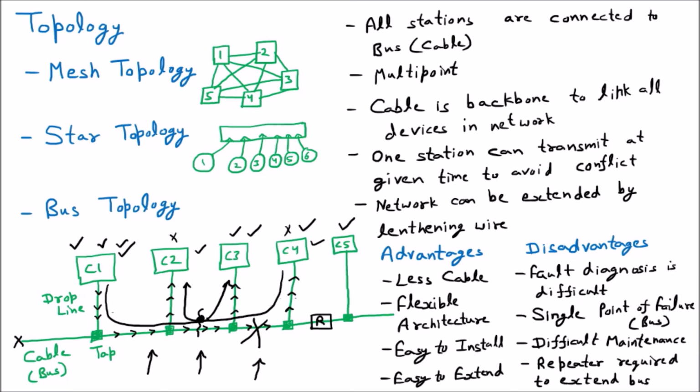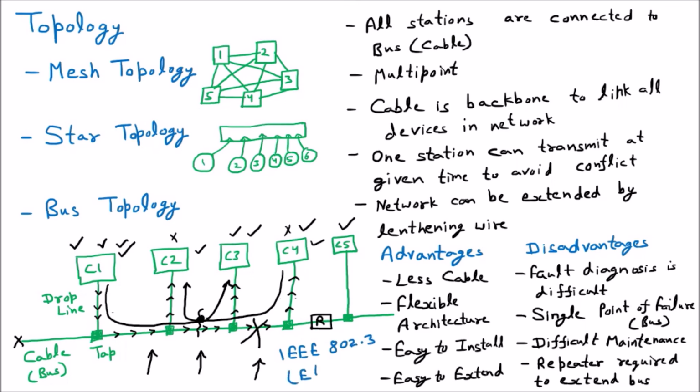And many books say that there is one example of the bus topology, and that is Ethernet. We know that we are using Ethernet. Ethernet is IEEE 802.3. Actually, there are some standards which are fixed in networking. If somebody asks what is IEEE 802.3, that is the name of Ethernet.